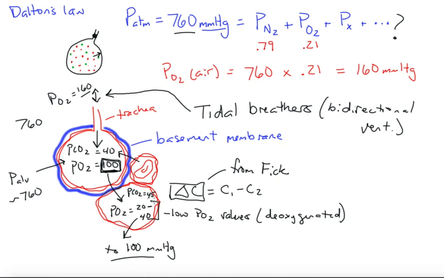The solubility in liquid is greater, and so it's easier to maintain or generate this equilibrium with carbon dioxide, even though the concentration gradient is smaller. Okay, that is Dalton's law. I'm going to talk a little bit about Henry's law, but I'll do it in a separate video.